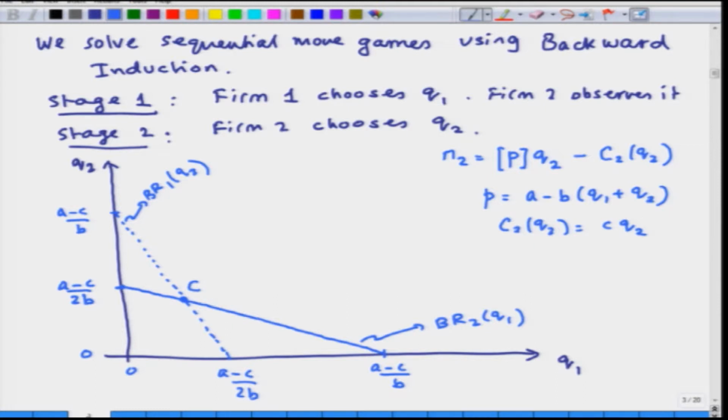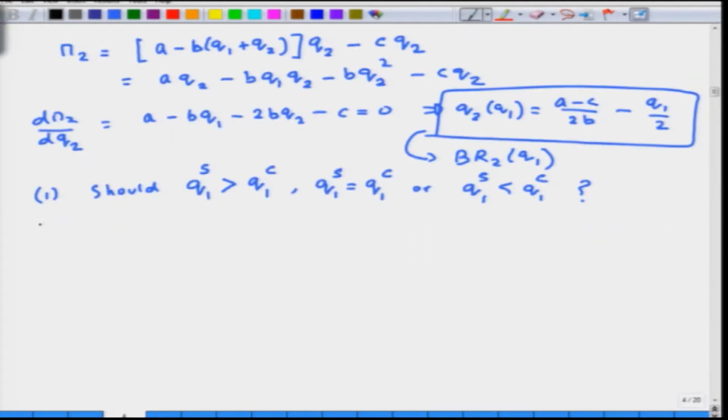Now, if firm 1 were to produce more than Q1C, the Cournot output, then because the best response functions are downward sloping, in particular because the best response function for firm 2 is downward sloping, firm 2's output will reduce.